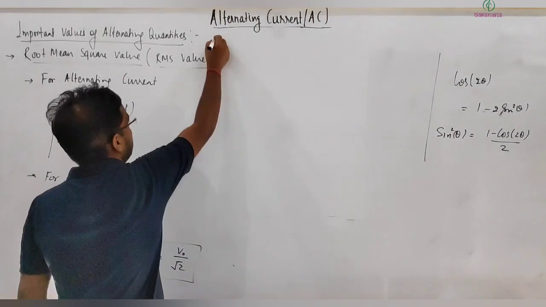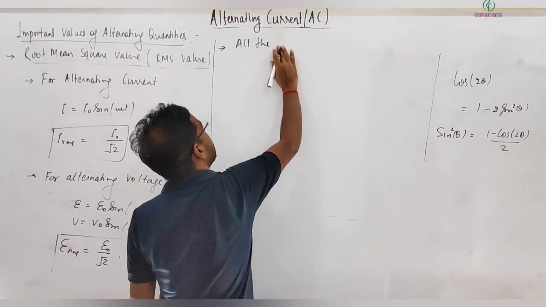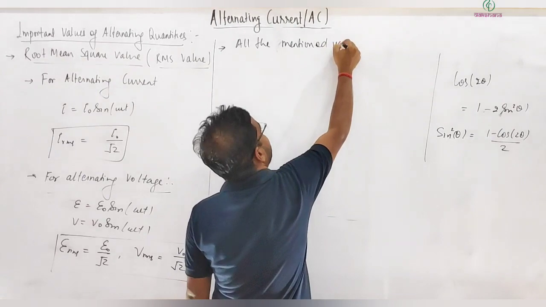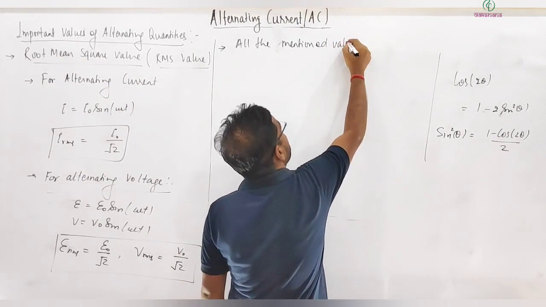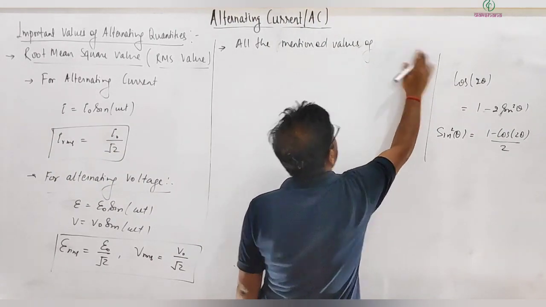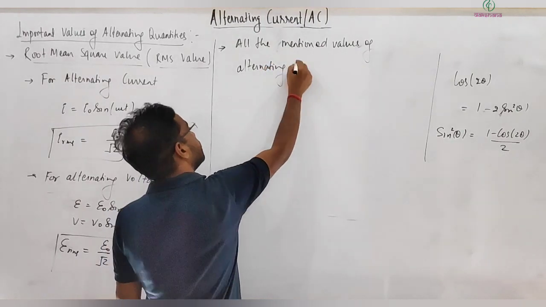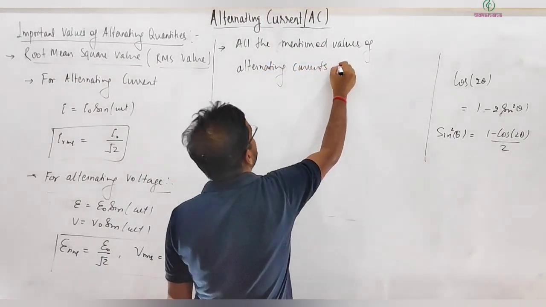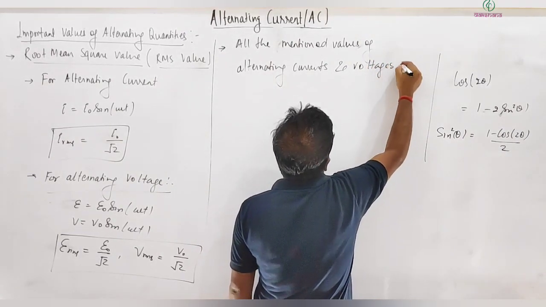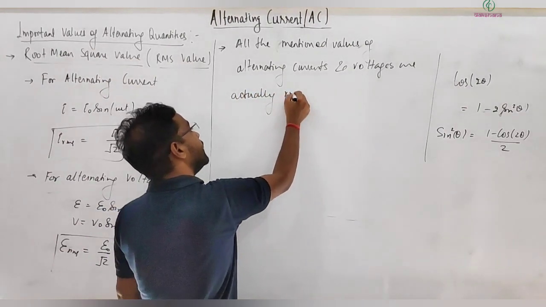So all the mentioned values of current and voltage are actually RMS values.